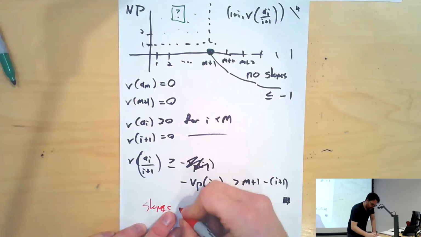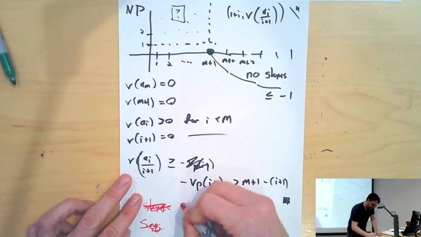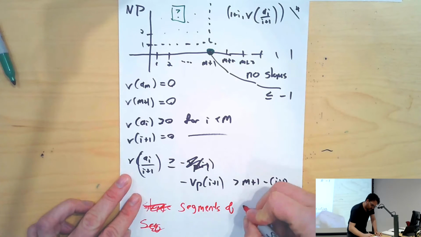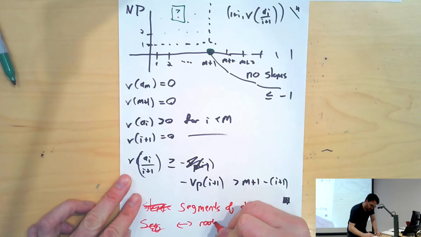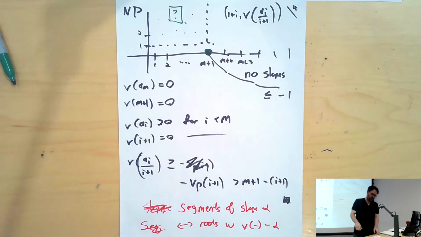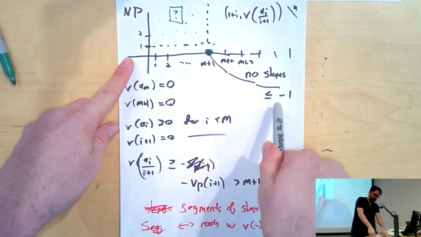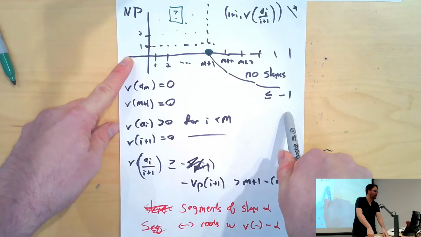It's just that segments of slope alpha correspond to roots with valuation negative alpha. So if I want a root in Z_p, I would need a corresponding slope with valuation a negative integer, because the valuation of something in Z_p is a positive integer.